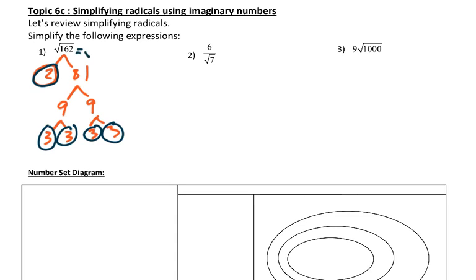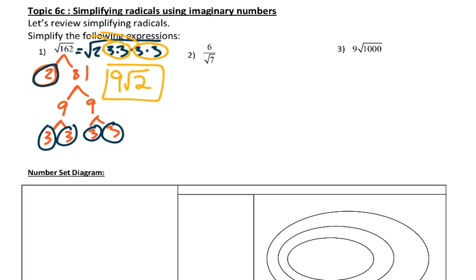Then what I like to do is reopen this square root and break down 162 into all of its prime factors. So we had a 2 and then 4 3's being multiplied. And what happens is if there are any pairs, then those get to come out of the radicals. So this should all be reviewed from Algebra 1 and Geometry, but that means that there is 1 3, 2 3's on the outside, which is going to be a 9 because we're multiplying, and then a 2 is left alone inside.